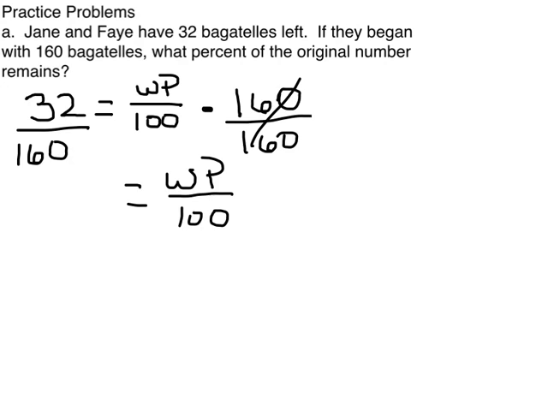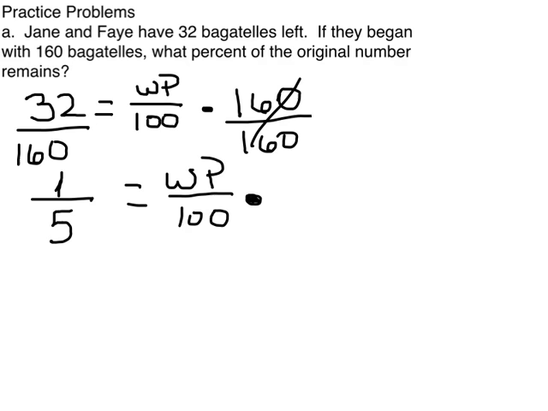Alright, 32 and 160, both of those are divisible by 8. 8 will go into 32 4 times, and it will go into 160 20 times. 4 over 20 will reduce to 1 over 5. So it's better just to go ahead and reduce it.